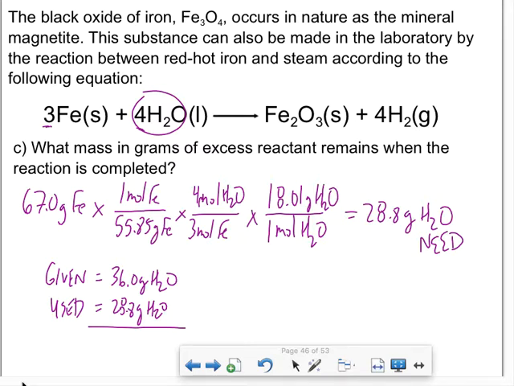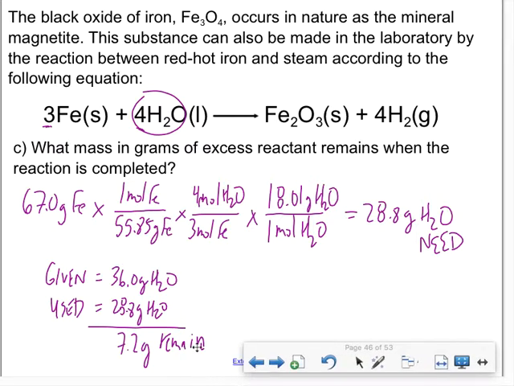So 36 minus 28.8, I get 7.2 grams remain. My mouse just totally freaked out there, but 7.2 grams remains.